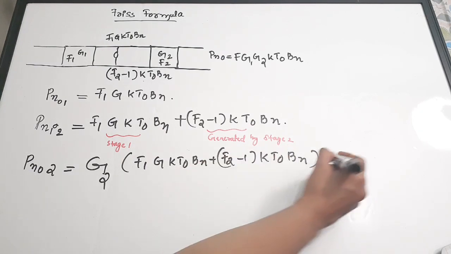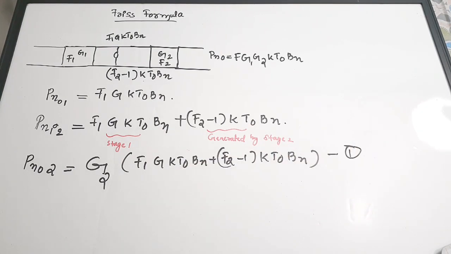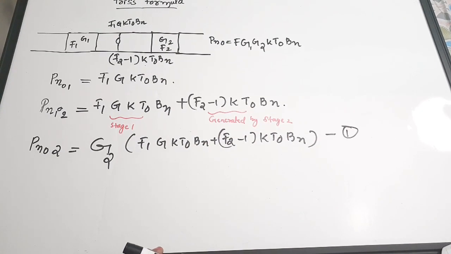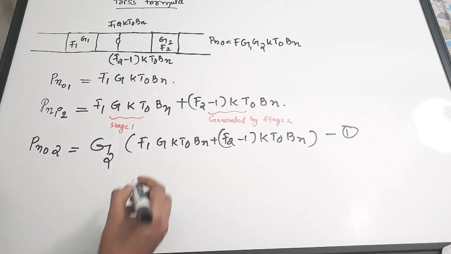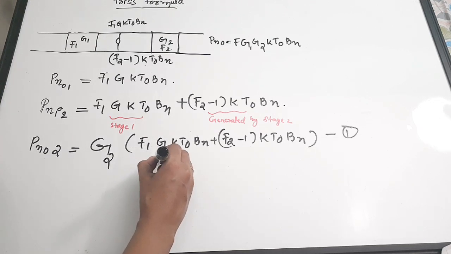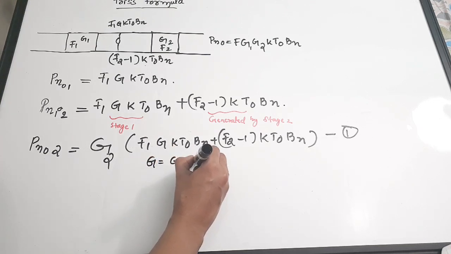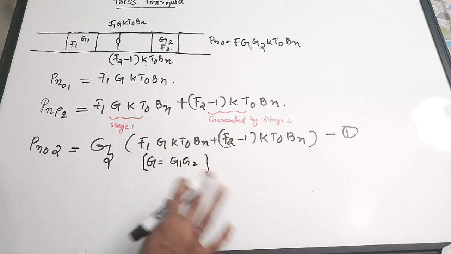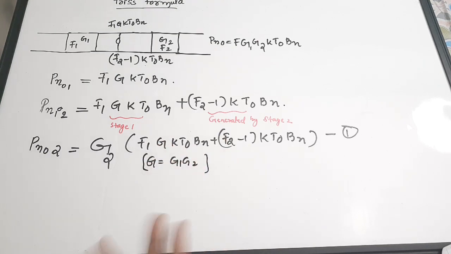Now just consider that this is equation 1. We are just going to derive some equation, the Friis formula. So for that, just take this as equation 1. Now also we know that our overall gain G is equal to G1 into G2. Just keep this in mind also. Now we have already written an equation for the output noise power.